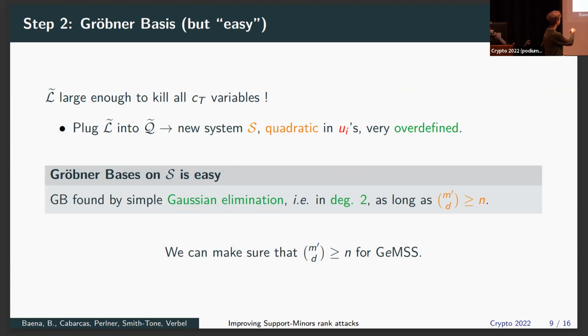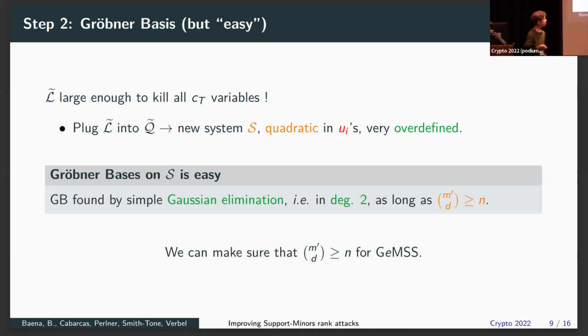So we can make sure that we kill all C_T variables in our system, which were the nasty part. By substituting these linear equations in your initial system, you can produce a second system S, which is quadratic in the u_i variables because I removed all the C_T variables. And it has a very nice property: it is very overdefined. This means that we have a lot more equations than variables.